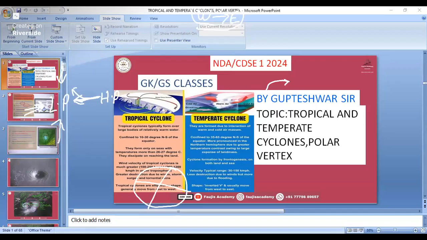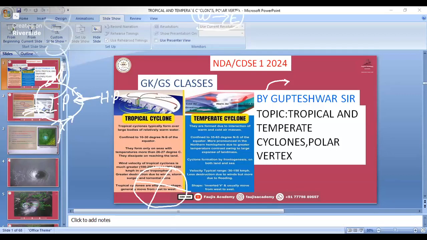Again here, deflection will be towards the right, again here, and here also the deflection will be towards the right. So in this case, the wind will be blowing along these lines. In this way, it will start the spiral, cyclic part.